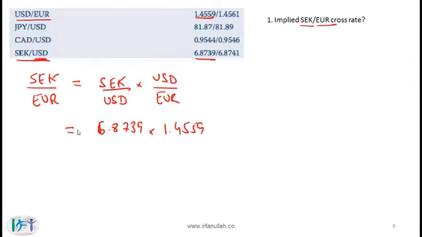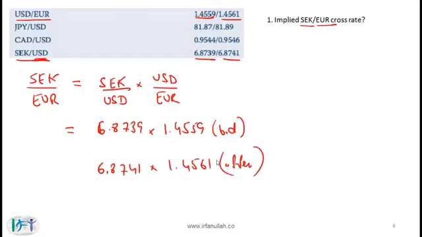This would be the bid, and the offer would be the product of the two offer rates, which would be 6.8741 multiplied by 1.4561. This would be the offer. So you can do the math, but note that this is simple, and this is exactly what we just talked about a short while ago.